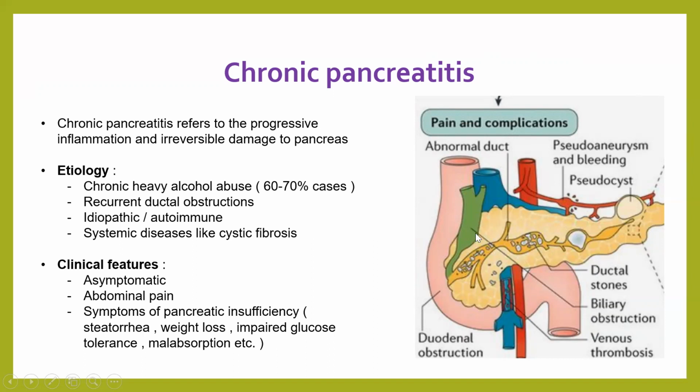And because of the pressure it's going to put on the venous circulation, we can also have formation of venous thrombosis. We can have formation of ductal stones because the fluid inside is allowed to stay in there for longer. Yes, so I tried completing all the complications. Of course, there are more.